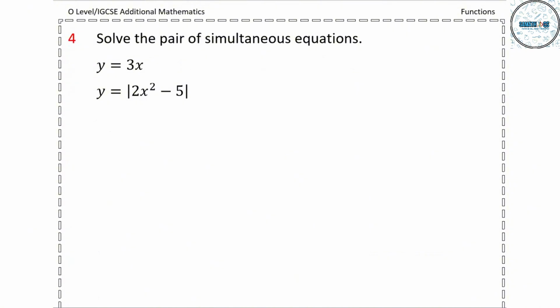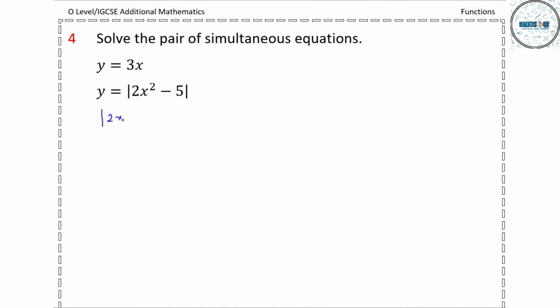We have y is equal to 3x and y is equal to absolute of 2x squared minus 5. We have to solve the simultaneous equations in the same way. So in place of this y, we can write absolute of 2x squared minus 5.